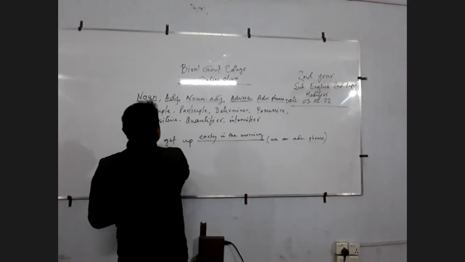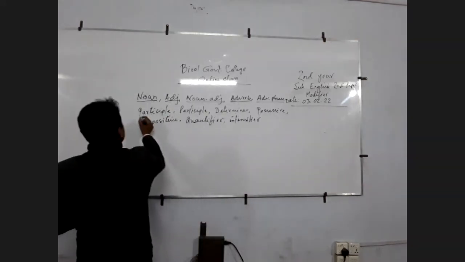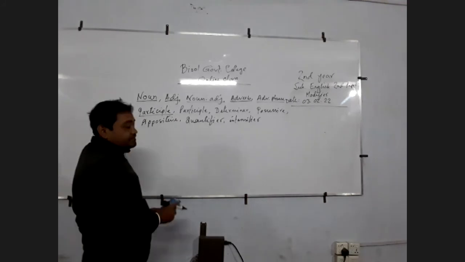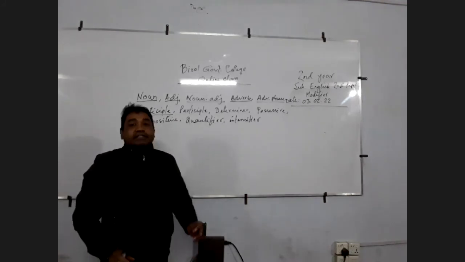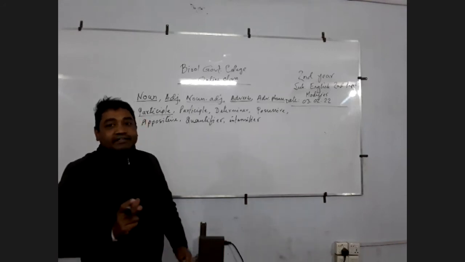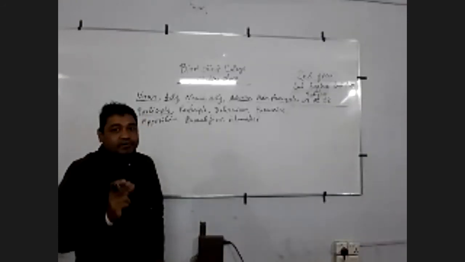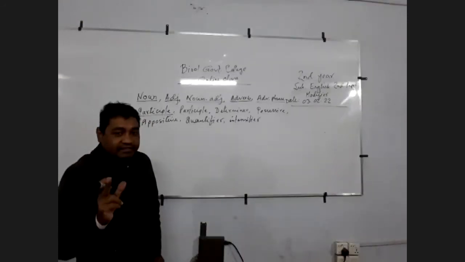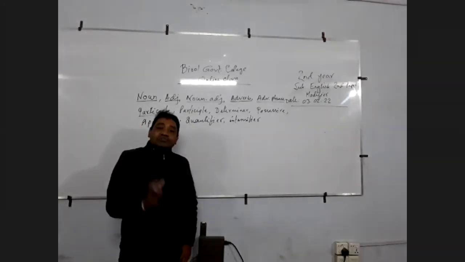Okay. Now participle. You know, participle is a word that comes from a verb and works as an adjective.